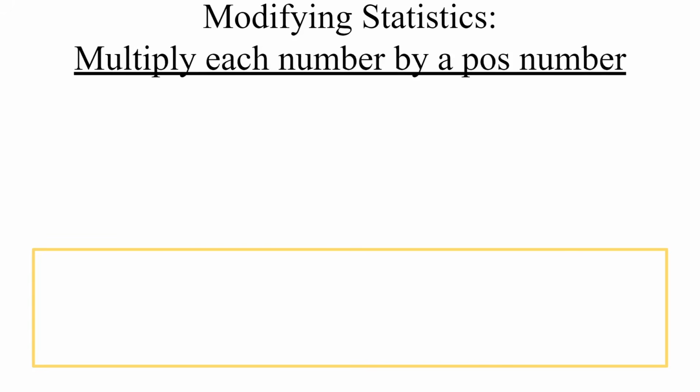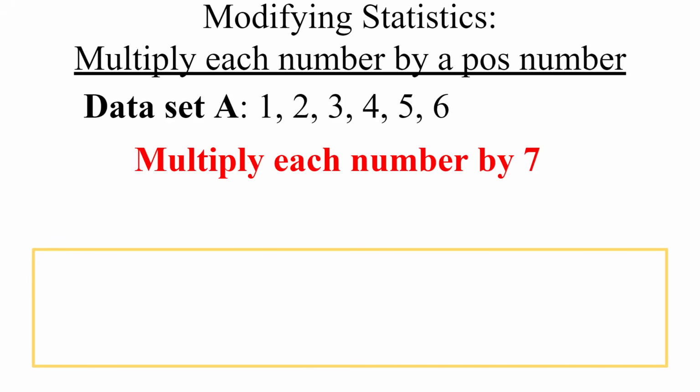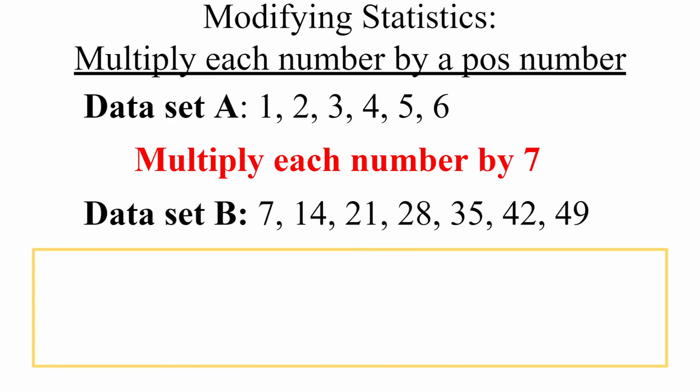So another case that you might see is if you multiplied each number by a positive number. So let's say we had 1, 2, 3, 4, 5, 6, and we're going to multiply each number by 7. We now have 7, 14, 21, 28, 35, 42. And as you might be able to tell if you made a dot plot, these numbers are now pretty far apart.